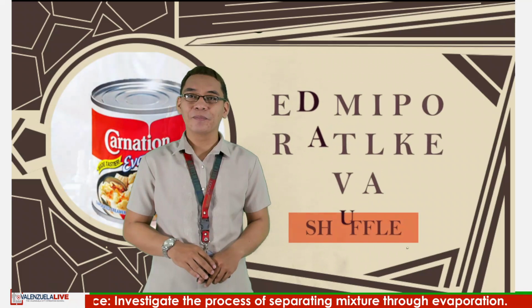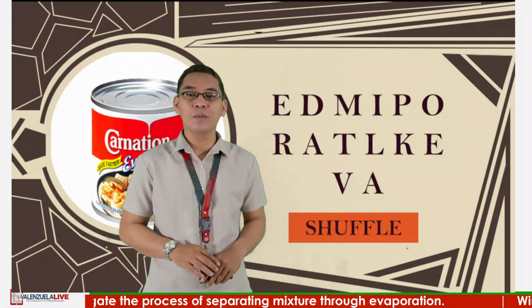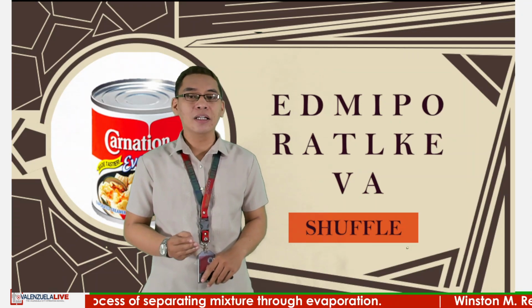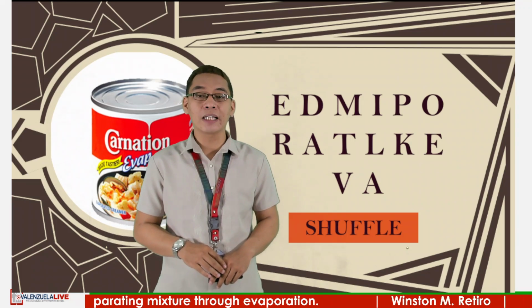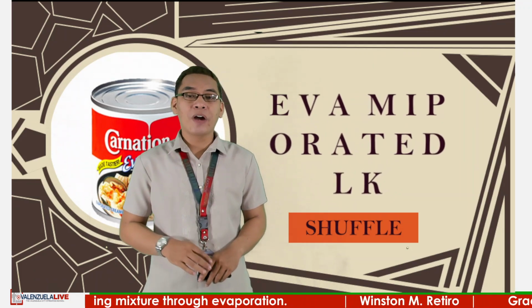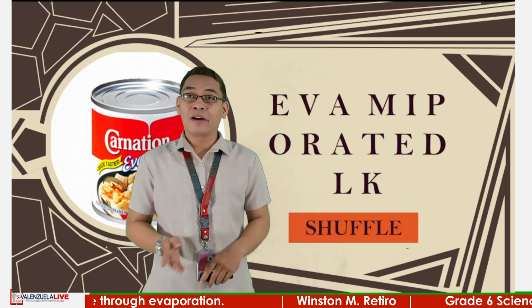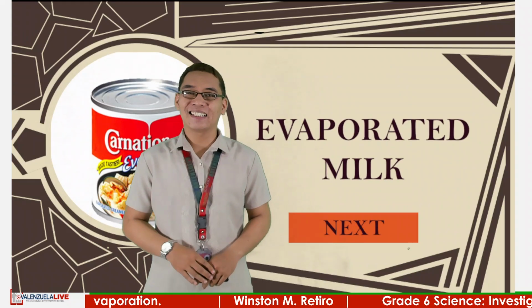First, it is known in some countries as unsweetened condensed milk. It's a shelf-stable canned cow's milk product where about 60% of the water has been removed from fresh milk. What is it? Very good. The answer is evaporated milk.